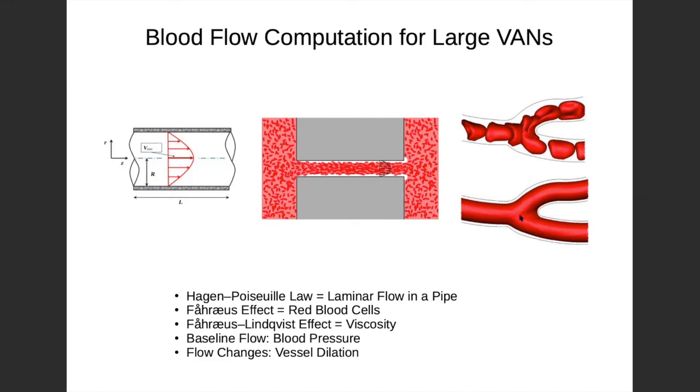What we basically do in our experiments is go one step further. We apply an approximation: we use the Hagen-Poiseuille law and this Fåhræus effect, and we approximate the blood as a fluid that flows only in a smaller part of the vessels in our networks.